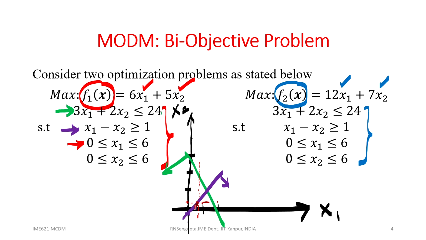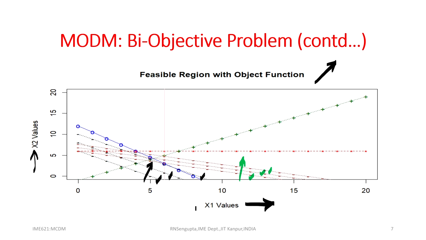So, the overall region is very difficult to mark here, but somewhere here, which we have depicted. And as the objective functions move, which I have already illustrated, you get the feasible region and the optimum points.